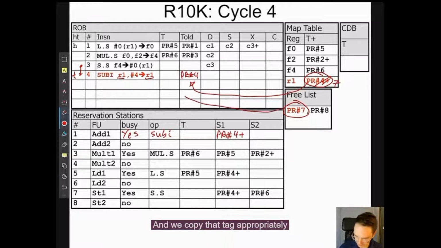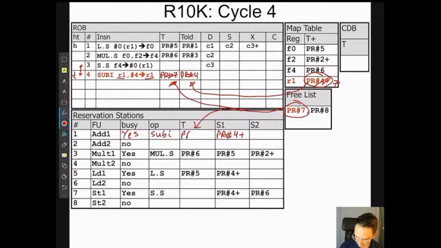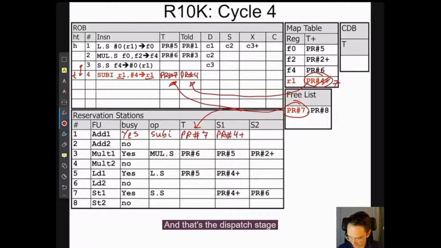And we copy that tag appropriately into the reorder buffer and the reservation station entry. And that's the dispatch stage for the subtract.